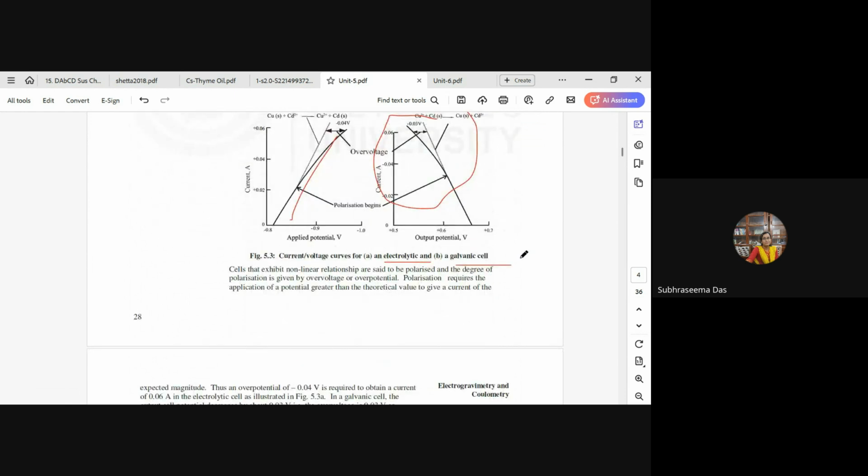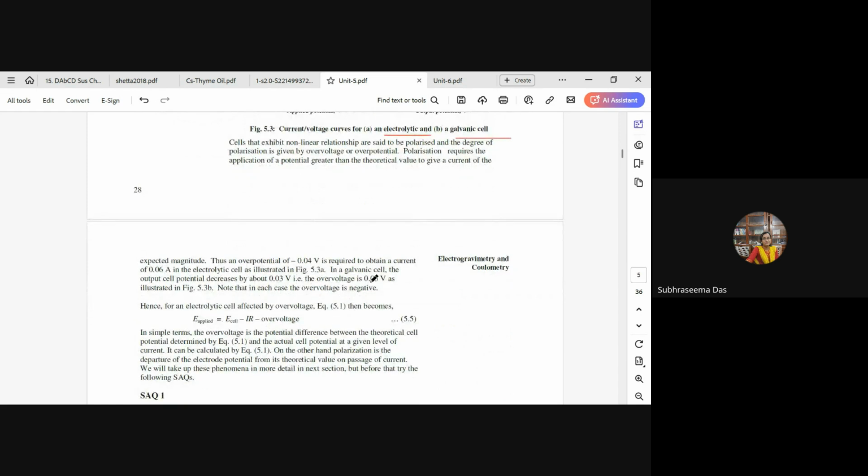Now there are cells that also exhibit a non-linear relationship and they are said to be polarized, and the degree of polarization is given by the overvoltage, or what we call the overpotential. Polarization requires the application of a potential which is greater than the theoretical value. Thus an overpotential of minus 0.04 volt is required to obtain a current of 0.06 ampere. This is how it has been calculated.